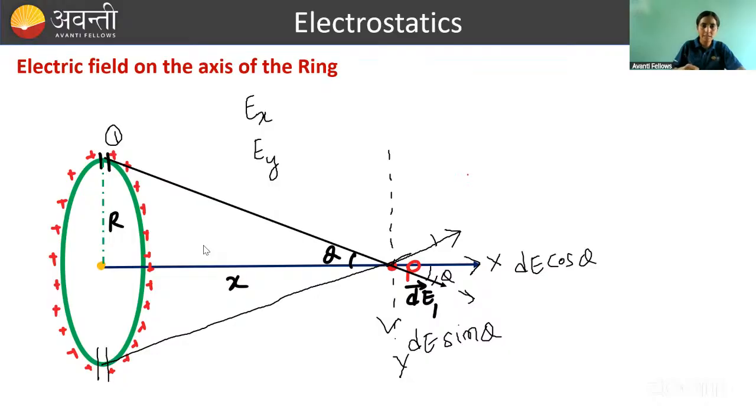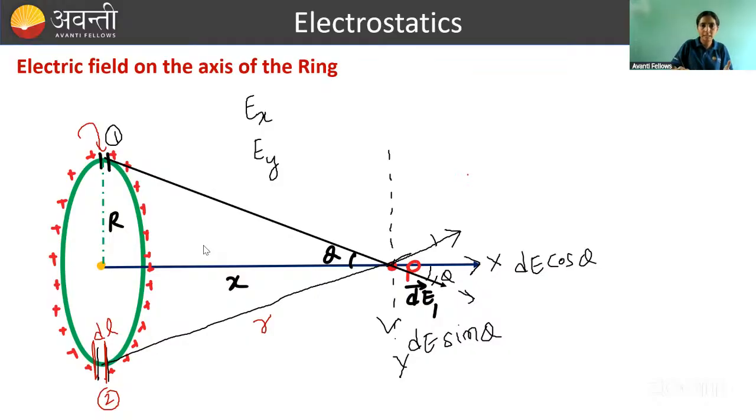And let's say another element we are taking here. This element holds quite a symmetry with the first element, right? How symmetric? Because its length is also dl, and it is at the same distance r from the point P. Both the elements will be at the same distance r.